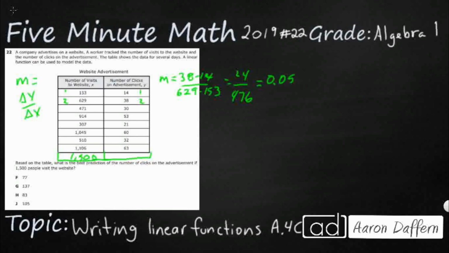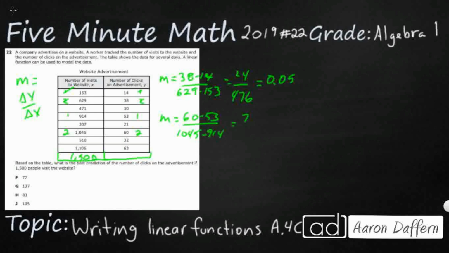All right, well, let's just pick 2 random points again. Let's just pick that and that. And as long as you're using the same x and y's across from each other, you're good to go. So my y is going to be 60 minus 53 over 1045 minus 914, right?